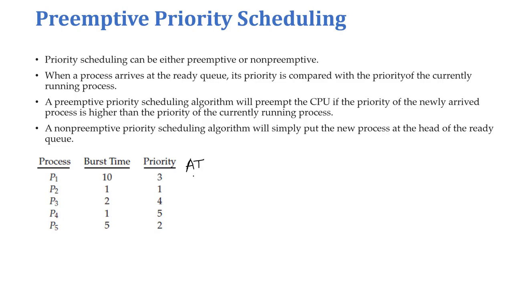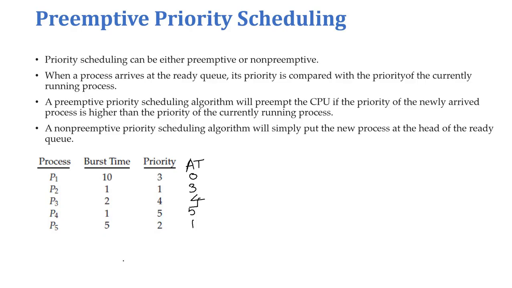The arrival time for P1 is 0, for P5 is 1, for P2 is 3, for P3 is 4, and for P4 is 5.